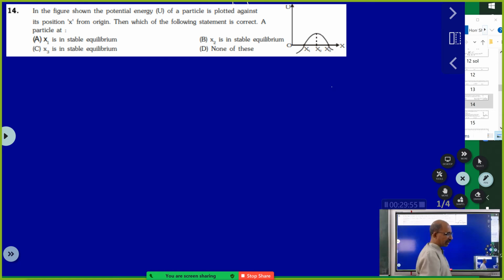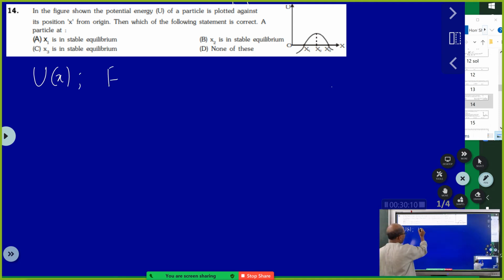If you are given the potential energy curve, if you are given U of x, then how will you get the net force from this? F external force will be minus dou U by dou x. This is the basic equation.